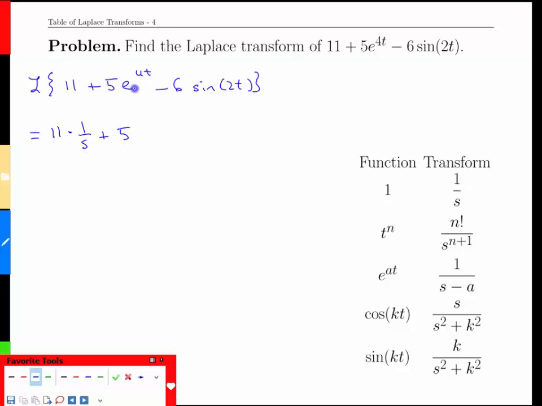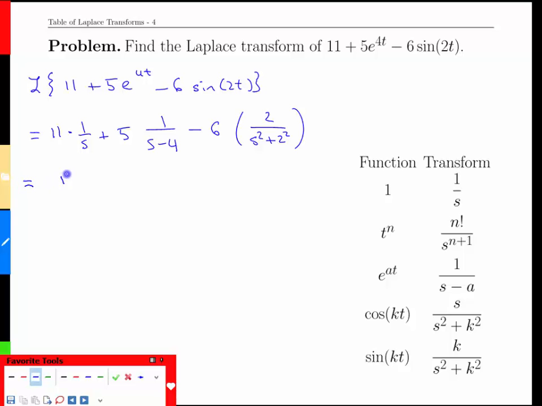We'll have plus 5 times the transform of e to the 4t. The transform of e to the 4t is 1 over s minus 4. The 4 goes in as the subtraction in the denominator. And then we get minus 6, the transform of sine 2t. Sine of kt is transformed to k, here 2, over s squared plus k squared.